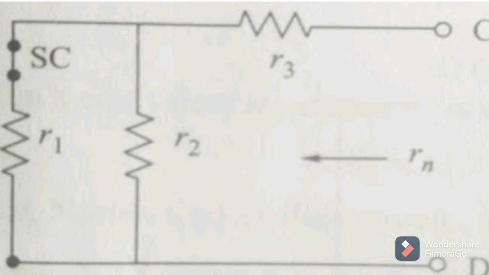After finding the Norton equivalent current, short the voltage source, keeping its internal resistance, and find the Norton equivalent resistance across the terminal CD. After knowing the Norton equivalent resistor, convert this circuit into a simple circuit like this.